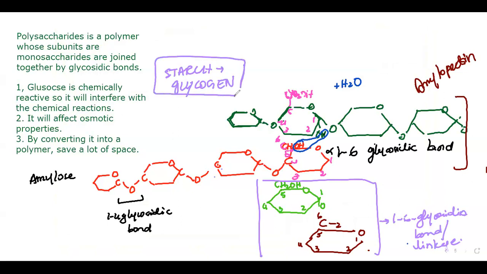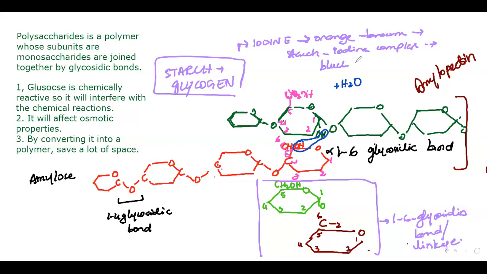To test for it, we will do the iodine test. The iodine has an orange-brown color. When we add it, we will get a starch-iodine complex, and the starch-iodine complex will turn the color to blue-black. You have studied this before. This is the test for starch.